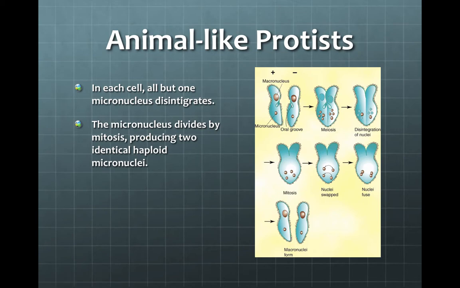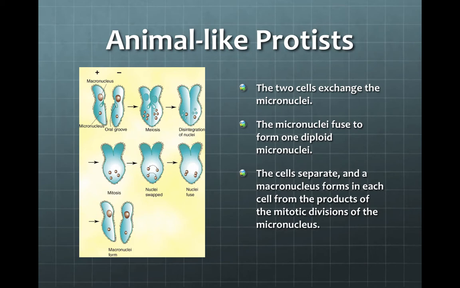You can see mitosis right here. The nuclei are swapped, they fuse, and then you got 2 new ones. The 2 new cells exchange micronuclei, which is down here.